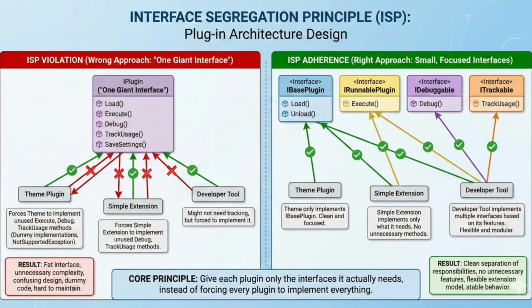Now every logger is forced to implement all methods, even if it doesn't support them. ISP violation, wrong approach. This results in empty dummy methods, not-supported exceptions, rigid implementation, and difficult maintenance.